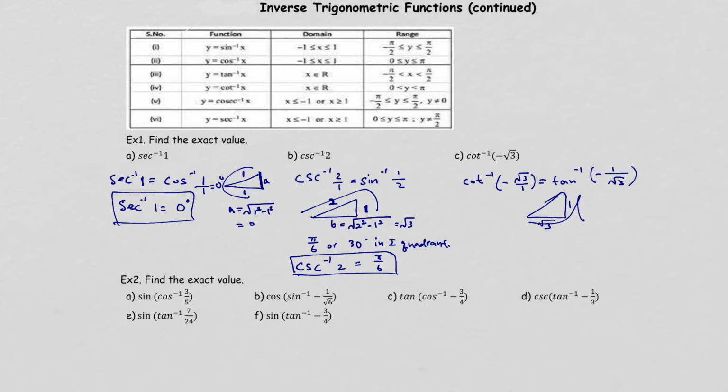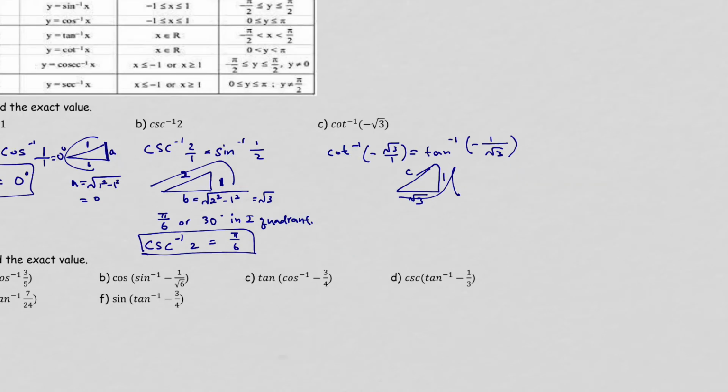Then your C, the hypotenuse, has to be the square root of 3 squared plus 1 squared. That gives you the square root of 4, which is 2. When your C is 2, again, that's familiar, which is pi over 6, right? So pi over 6, but this time negative.